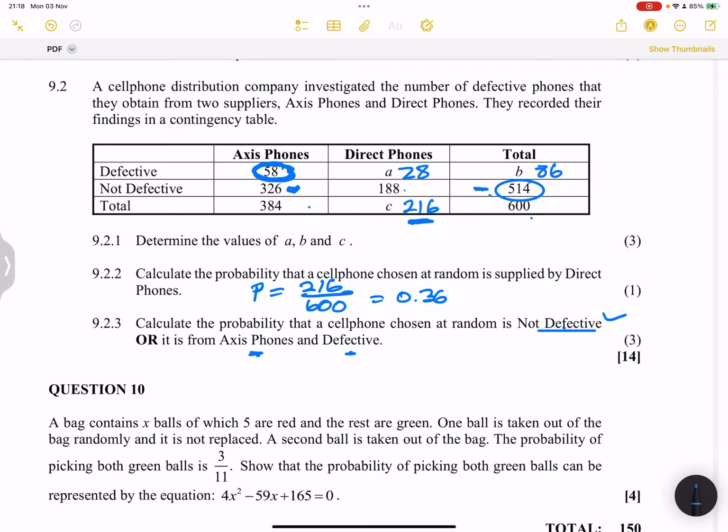So I am going to add that probability. So we've got 514.